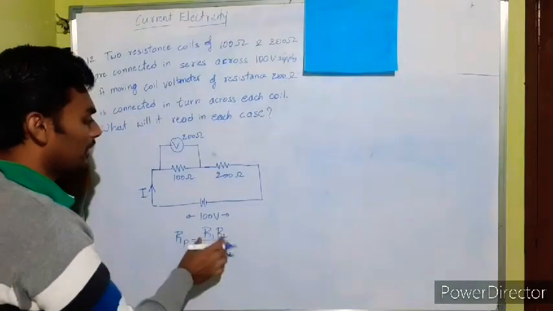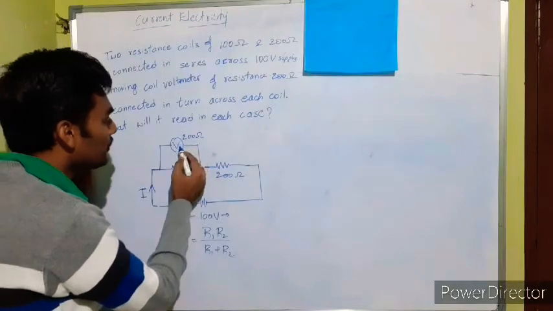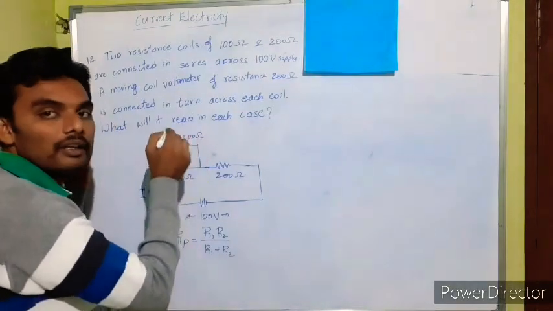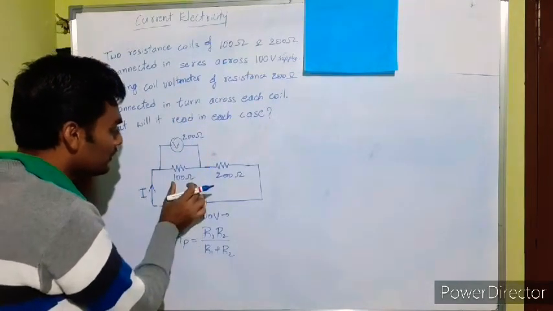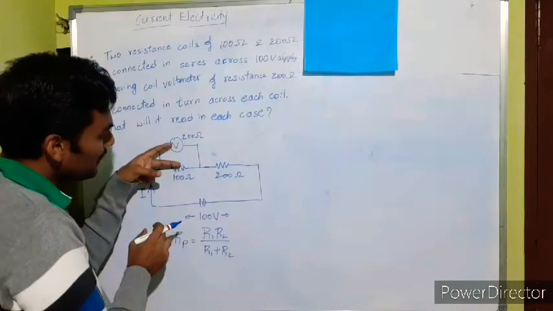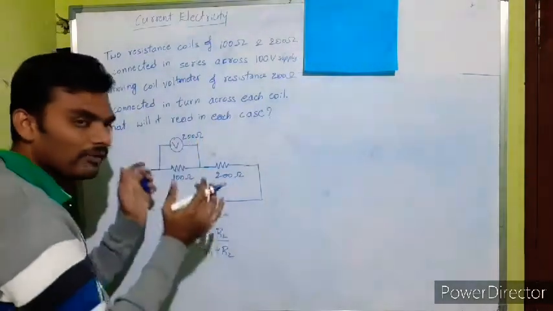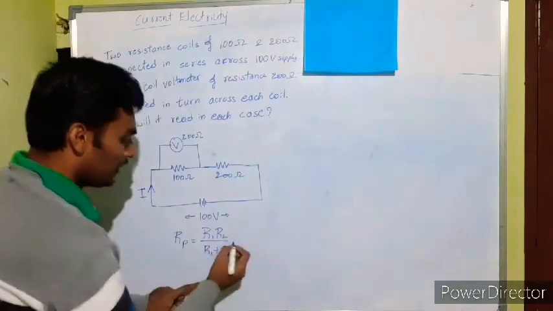I am introducing this formula because this voltmeter has a resistance of 200 ohm and it is connected to the 100 ohm external resistance. Now both of them in parallel give us a certain effective resistance, which is calculated now.